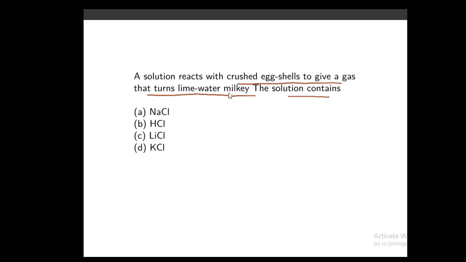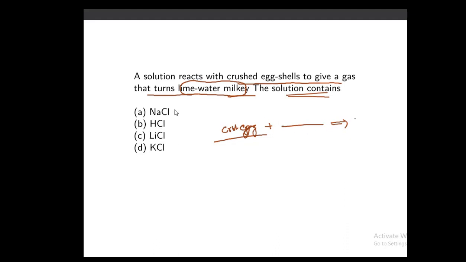Crushed eggshells, the upper layer of the egg that we crush, react with a solution and give a gas that turns lime water milky. So what does that solution contain? Whenever an acid reacts with it, we get milky lime water.